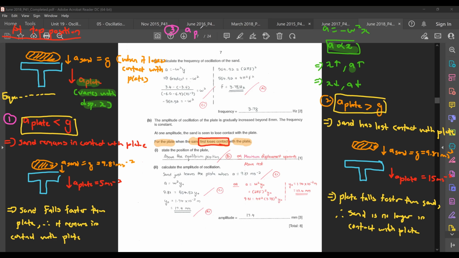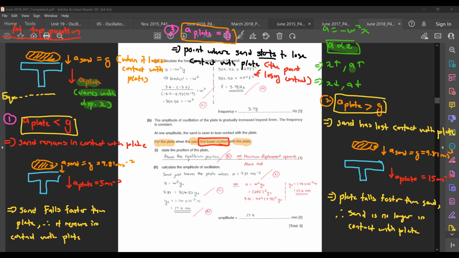If the acceleration of your plate is equal to g, that is the point where the sand starts to lose contact with the plate. You can call this the point of losing contact.